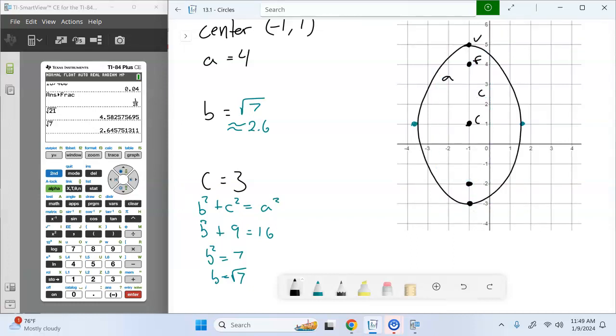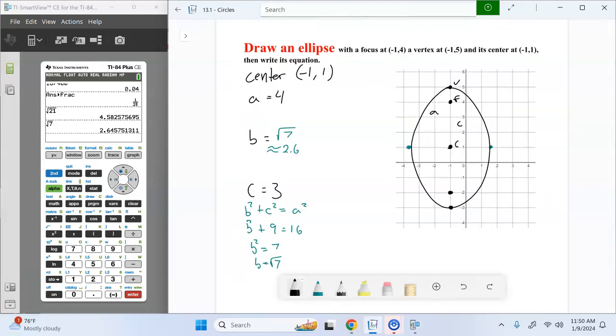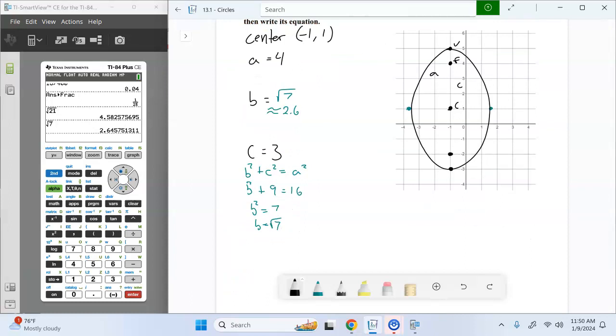Beautiful ellipse. And then we just need to fill in H, K, A, and B into our equation. Since it's vertical, hold on, just hang out for 3 seconds. We've got our H value. We've got our K value.